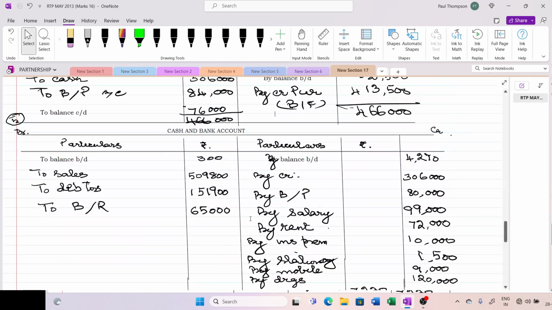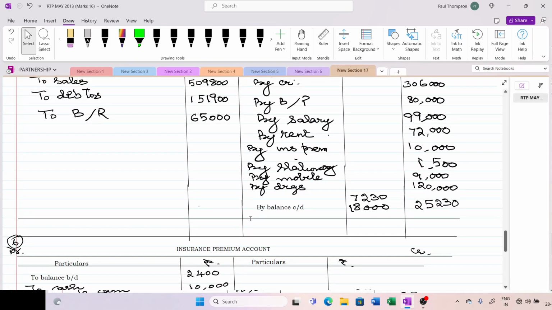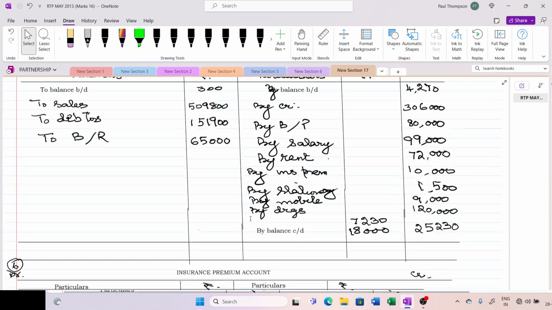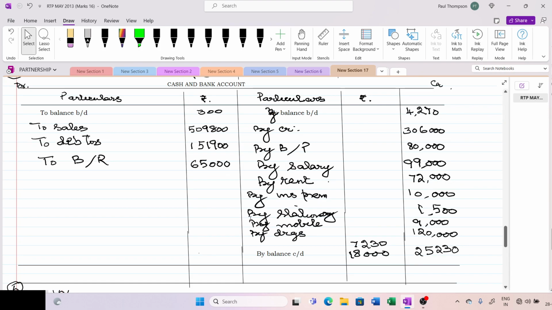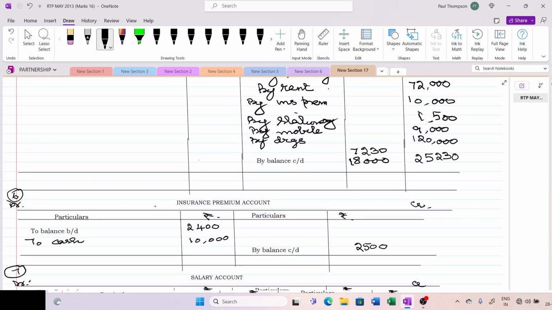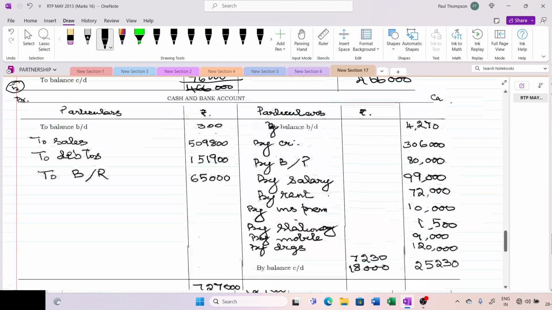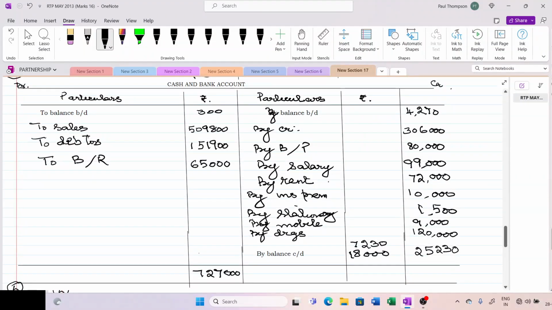Now let us close the cash and bank balances. Cash and bank account 509,800. The opening 300, 151, 965,000, making a total of 7,27,000. On the credit side, 4270, 3,06,000, 80,000, 99, 72,000, 10,000, 1,500, 9,000, 1,20,000, 25 to 30.